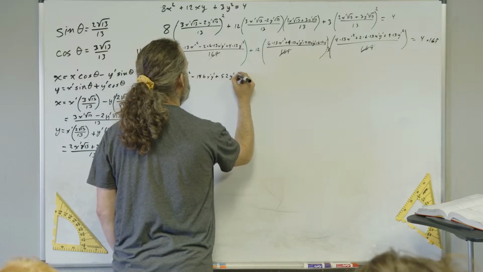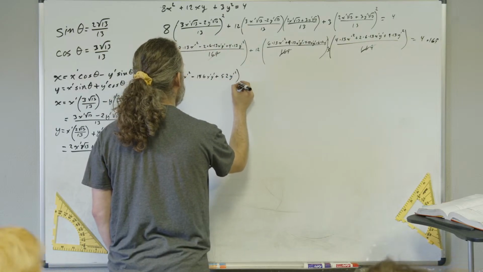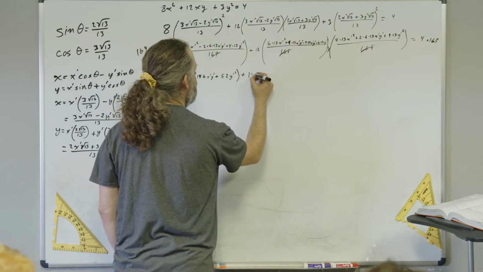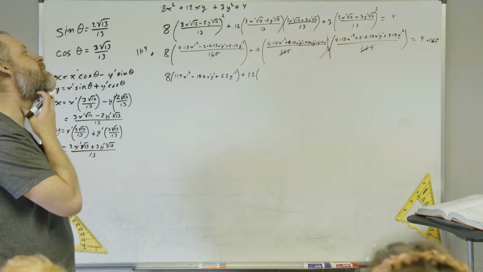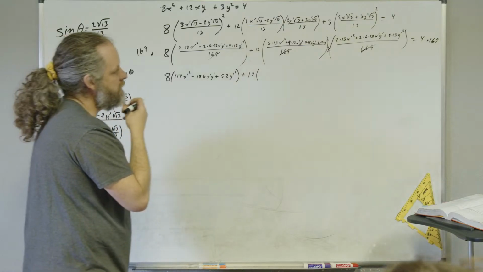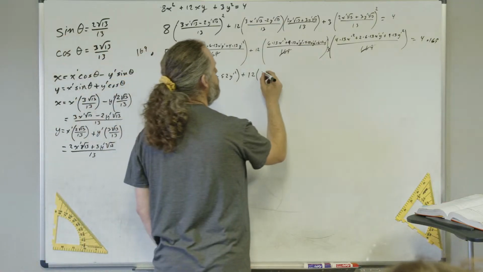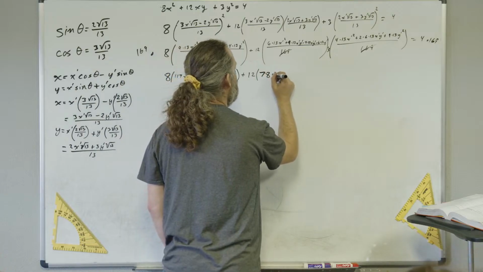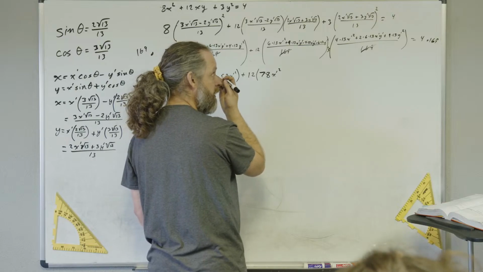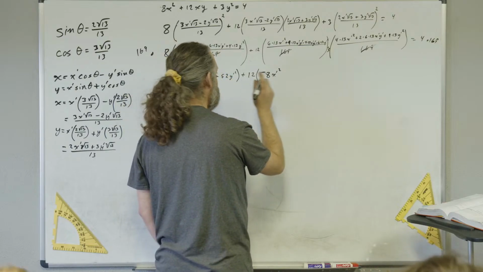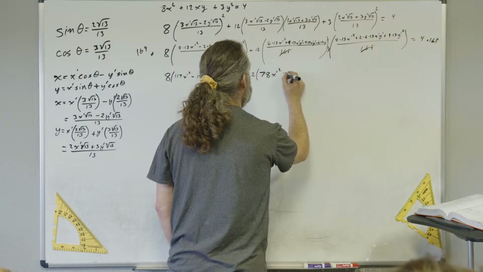52 y prime squared plus 12 times 6 times 13 would be 78. X prime squared plus 9 times 13, 117.